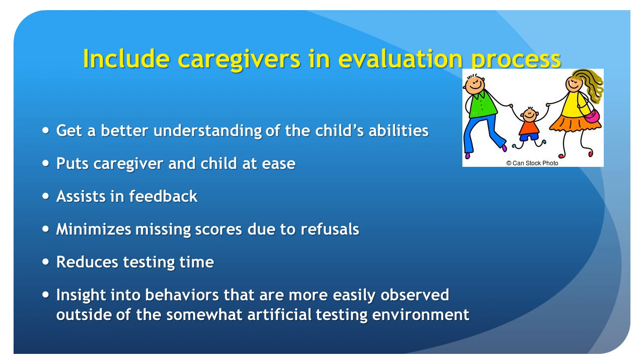And what we found was that there were no differences between caregiver report and actual observation or administration items. So these were deemed to be valid and reliable. There are 56 items, as I had indicated, and this minimizes missing scores due to refusals. It reduces testing time, and it gives you insight into more typical behaviors that the child may demonstrate.